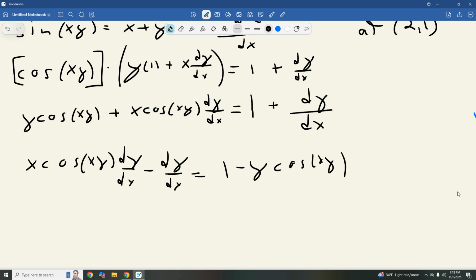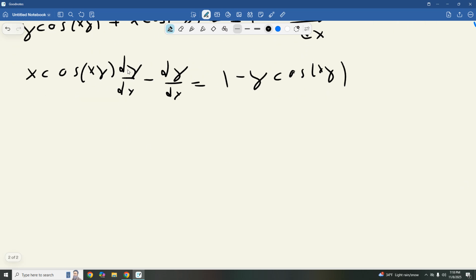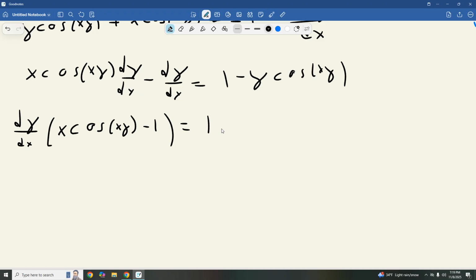Now we do the same thing we did before, which is we factor out this term. So dy over dx times (x cosine xy minus 1), right? Yes, that looks good. Equals 1 minus y cosine xy. Okay, that looks good.